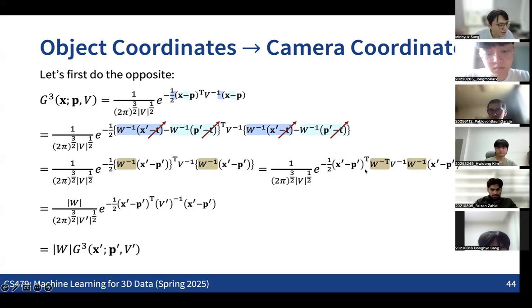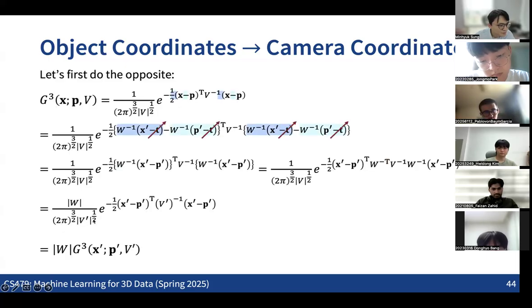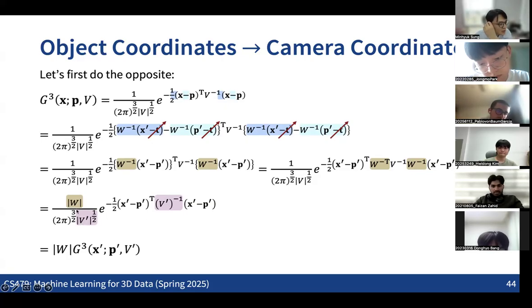By defining the V prime, as we have seen in the previous slide, we can now rewrite the whole equation in this way. Then we can see that this becomes the same as taking the Gaussian kernel in the camera coordinates, multiplied by the determinant of the linear part of the viewing transformation.